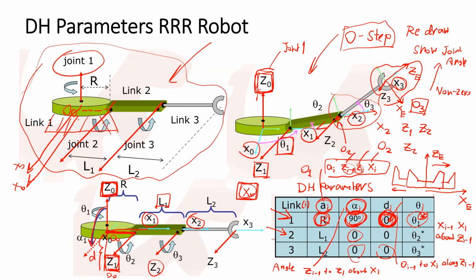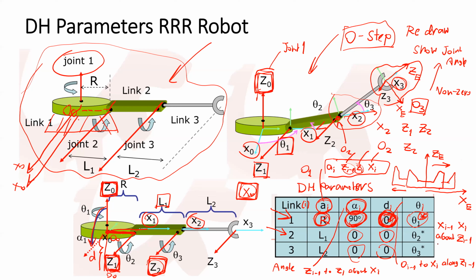The twist is the angle difference between the z-axes. The axes have the same direction, so the link twist will be 0 degrees. The joint angle is the angle between the Xi minus 1 and Xi about Zi minus 1.